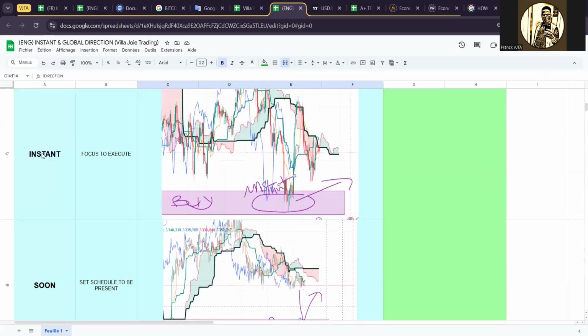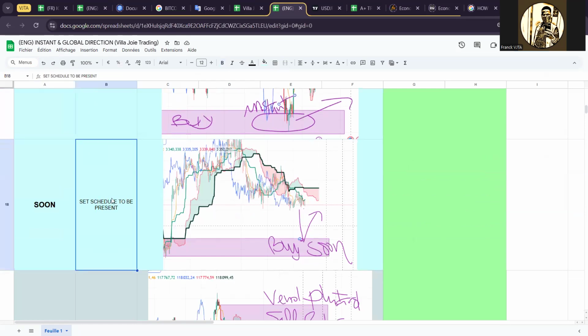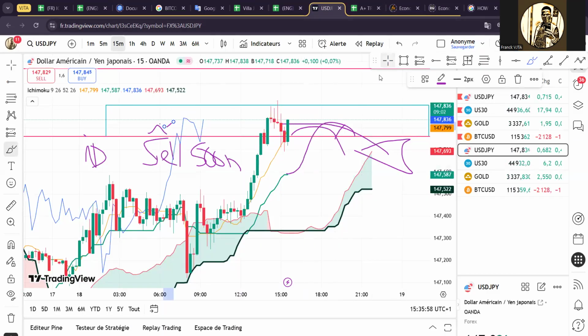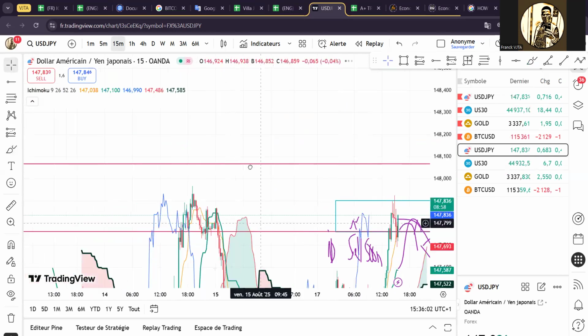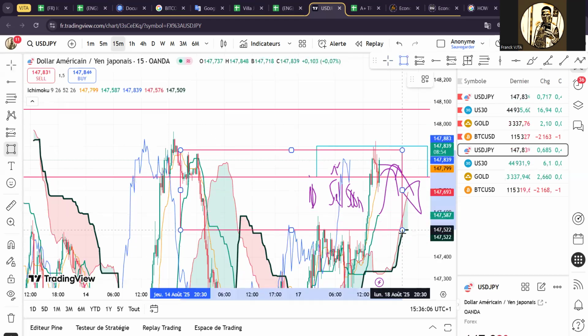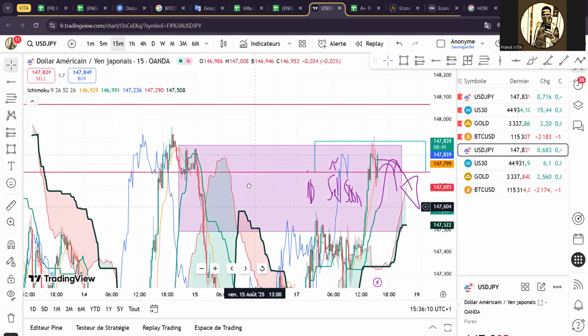But now, is it an instant execution, or will you execute it soon? Sometimes soon can mean that the zone where you have to sell, but actually we are already inside the zone at this point. The zone where you have to sell.